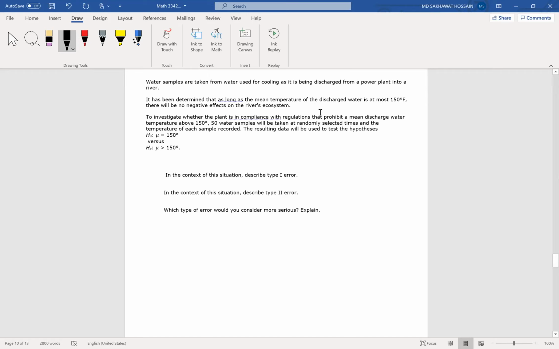So if the temperature is not above 150, then there will be no negative effects on the river's ecosystem.